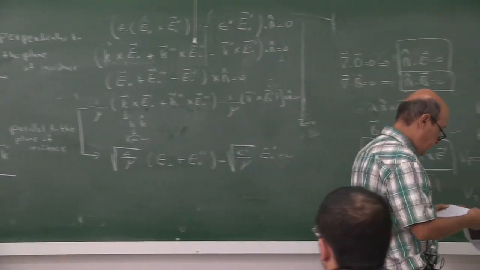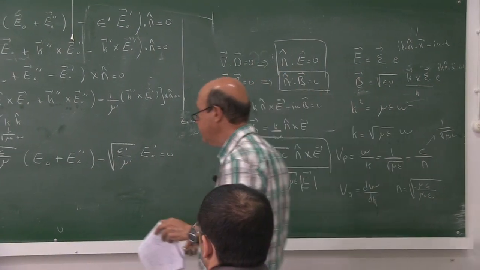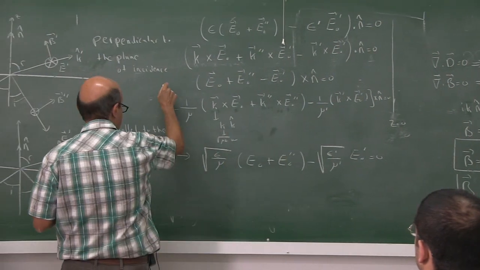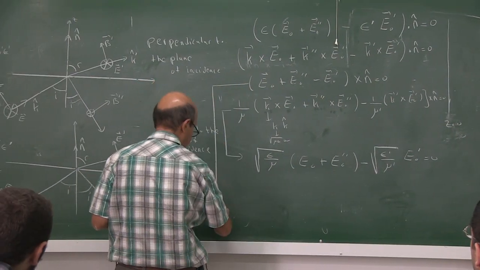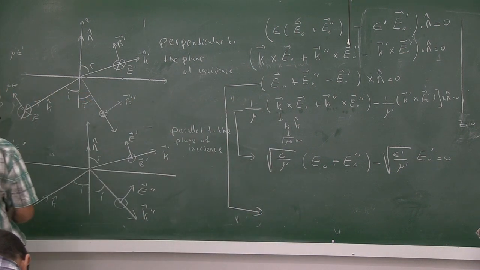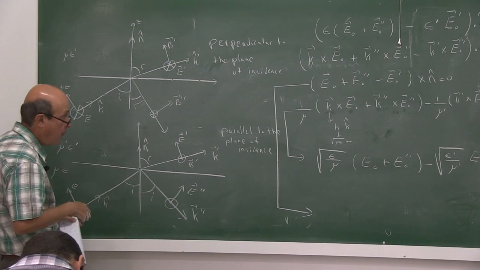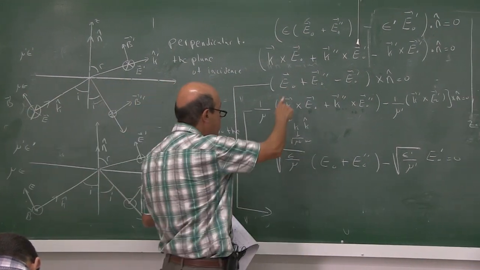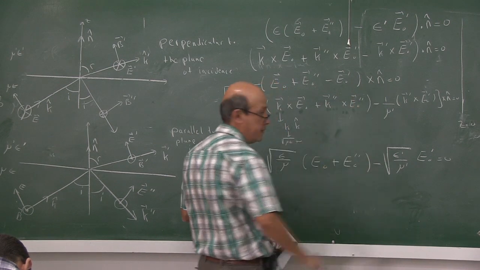The other term is dealing with the angles. For that one, we will have the angles. For this polarization mode, what is the E0 cross N?